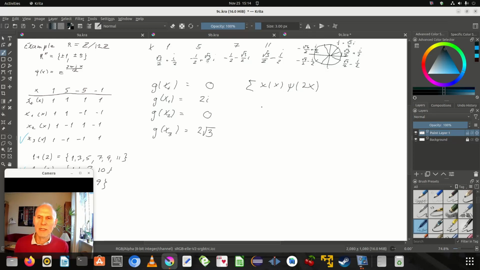And see what we get. So I would like to see why that vanishes. So this was psi of x. Now we need psi of 2x. So this is the right guy.